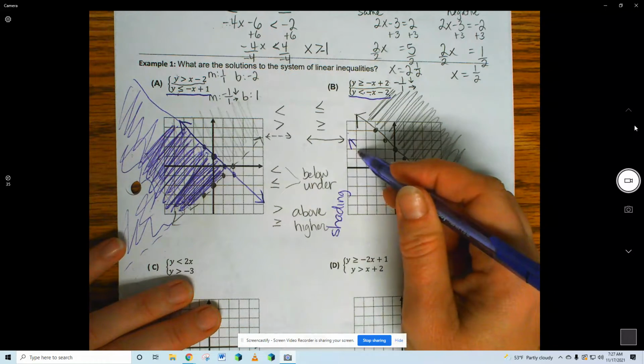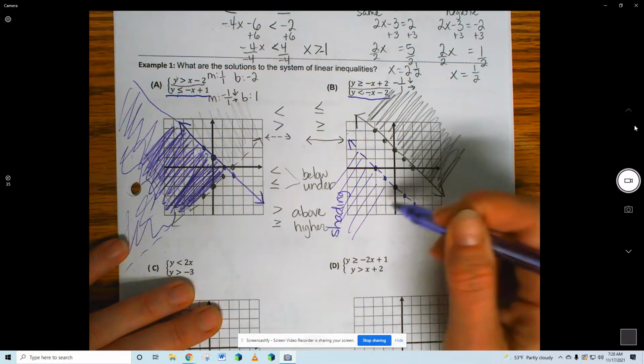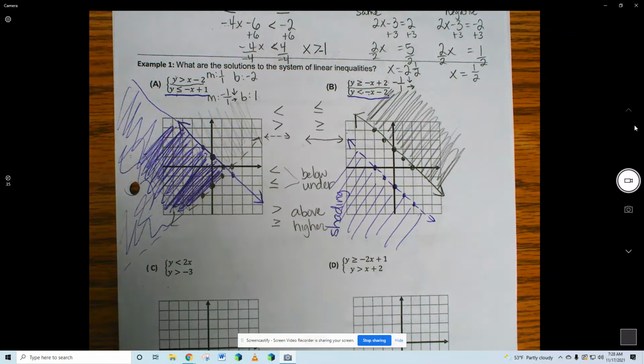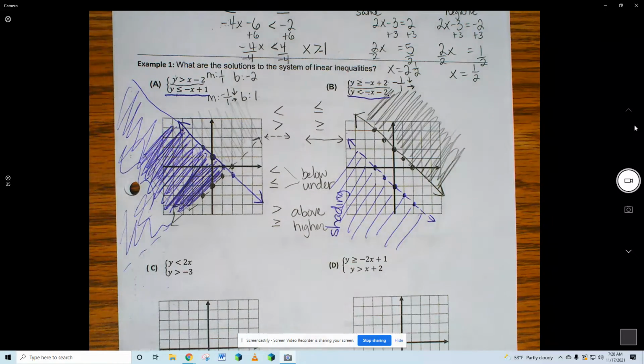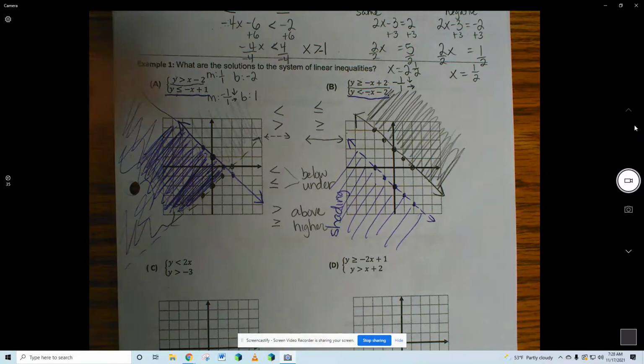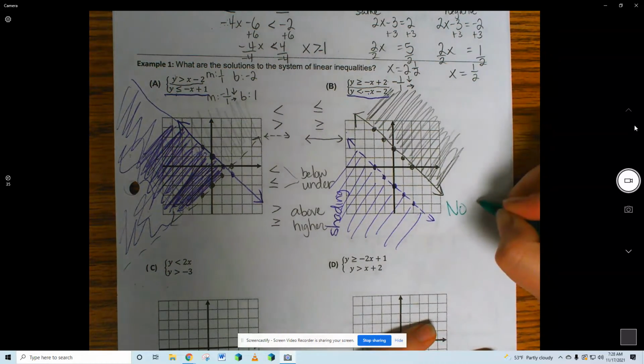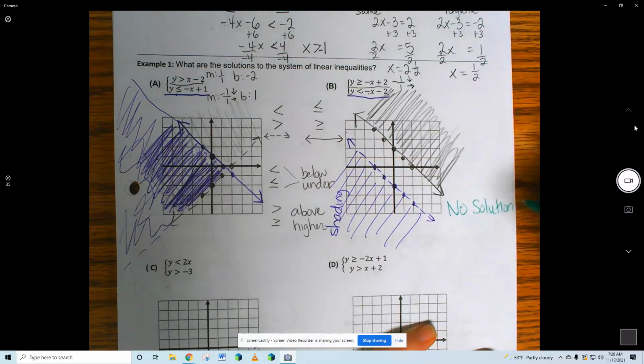Tell me what's going on, you guys. Where's the solution set? Where's the solution area? These are parallel lines. One shading is above, one shading is below. Where are they going to have a common shading? Do they have a common shading? Yes or no? No. This is a no solution, because if there's no area in common, there's no ordered pairs in common.